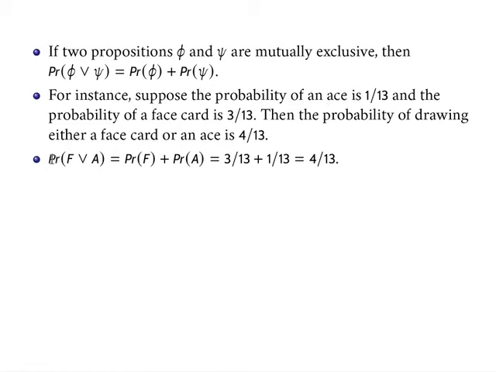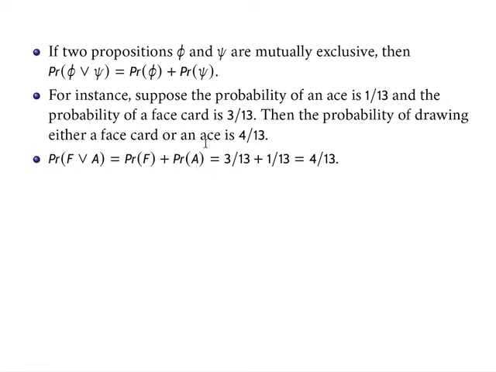So when we ask about the probability of drawing either a face card or an ace, we're asking about the probability of F or A. And now, since it's mutually exclusive, you drawing a face card or you drawing an ace, we can apply this rule here and conclude that the probability of F or A equals the probability of F plus the probability of A.